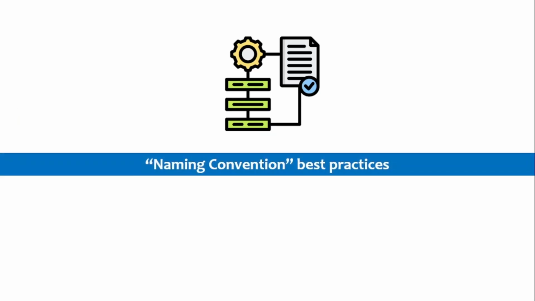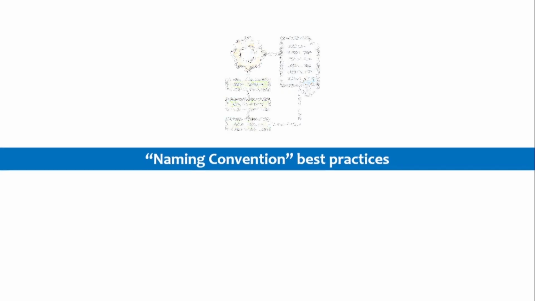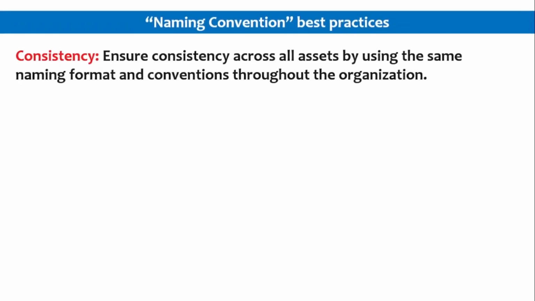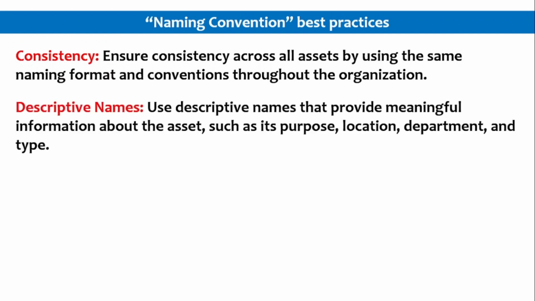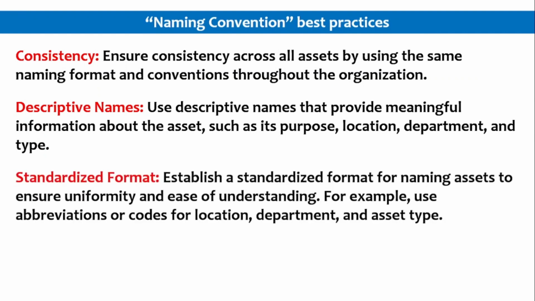So let us see some of the best practices in the industry for using names for our IT assets. Again, consistency and descriptive names. Use descriptive names that provide meaningful information about the assets, such as the purpose, location, department, and type. These are some of the best practices.